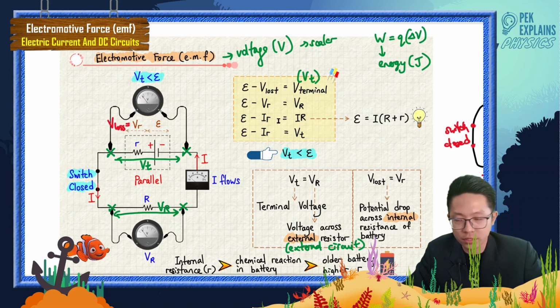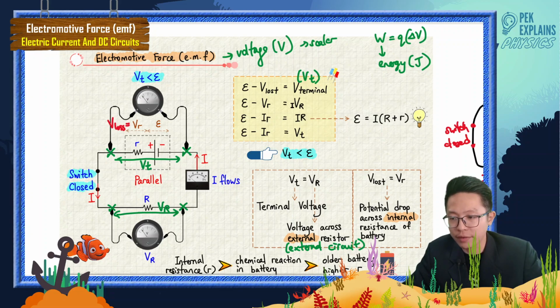If you further derive this equation, the voltage loss is the voltage loss across the internal resistor, so I can substitute it with VR. The terminal voltage is the same as the voltage across the external resistor. So I can write E minus VR equal to VR. This VR is current multiplied by internal resistance, and this VR is current multiplied by external resistance.